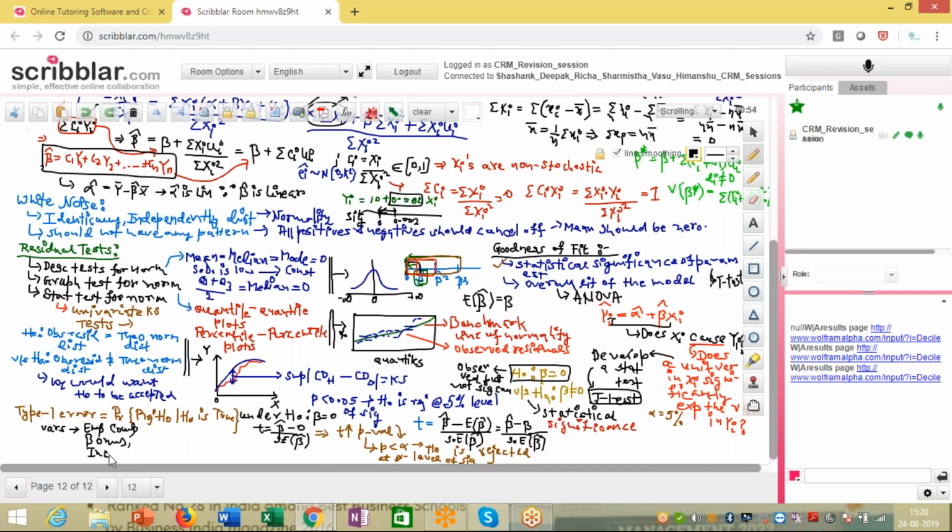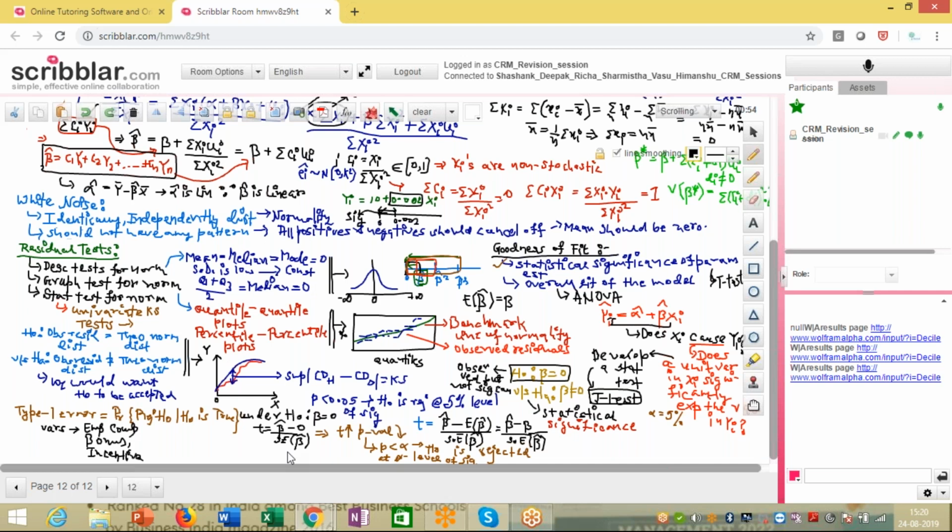Now let's say that all these three enter into a model to describe employee satisfaction. So what do you see over here? You have employee compensation, bonuses, and incentives.